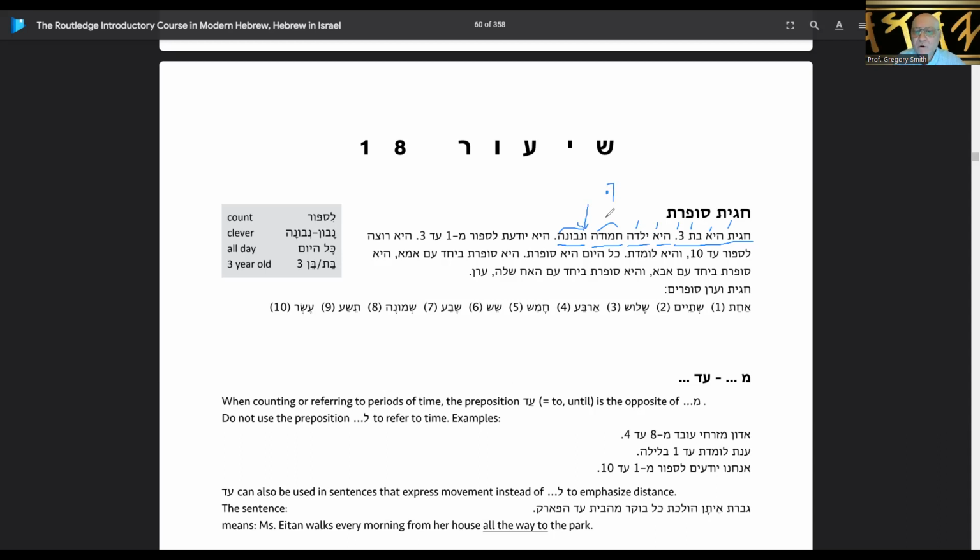Uses a shurek. Oh, unevona. היא ילדה חמודה ונבונה. Chamuda unevona. Okay, so she is a girl, yalda. Chamuda unevona. So it's like she is cute and clever.